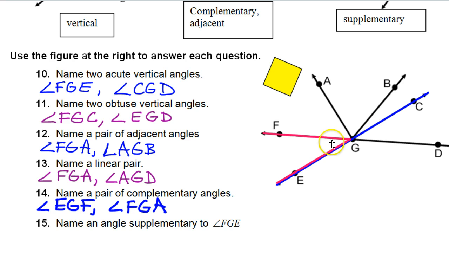So I need to pick an angle that will complete this straight line. So I'm going to go ahead and draw the other angle in green, but you can see that it'll be the angle that goes from here to the blue line. So this green angle is supplementary to the pink angle because you can see how they form a linear pair, because of the blue line. So the angle that is supplementary is angle FGC.